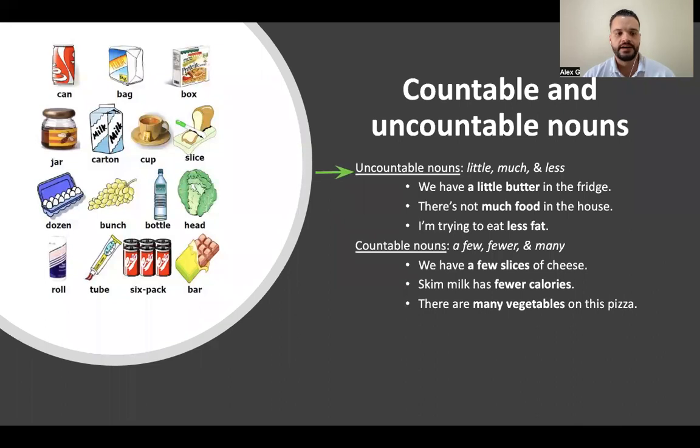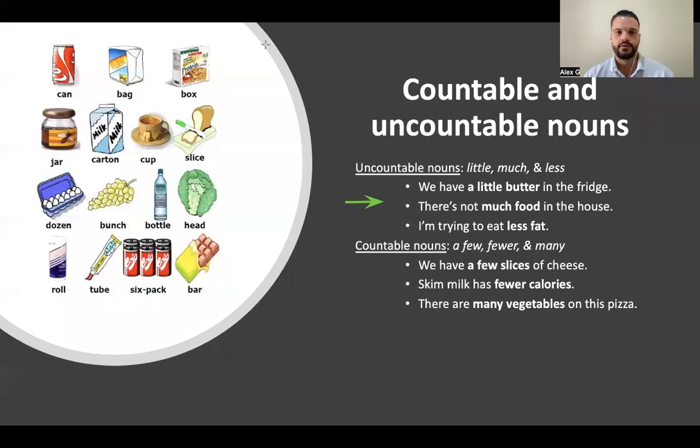When we have these uncountable nouns, we have to use the determiners or the quantifiers little, much, and less. For example, we have a little butter in the fridge. There's not much food in the house. Or I am trying to eat less fat.